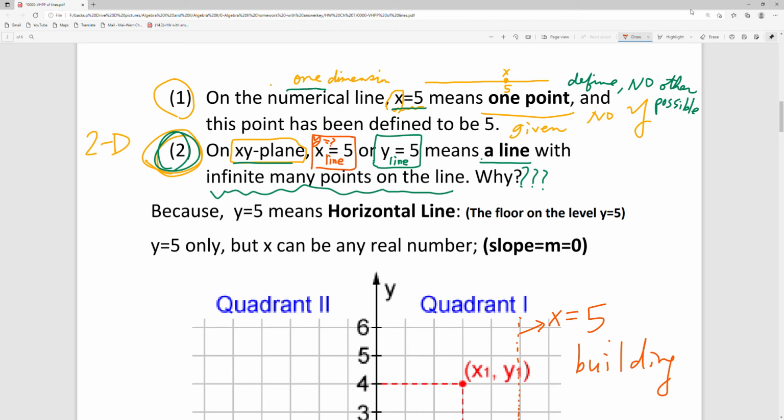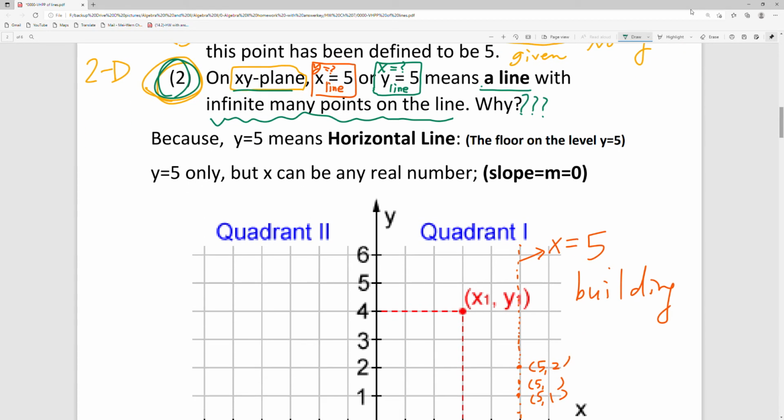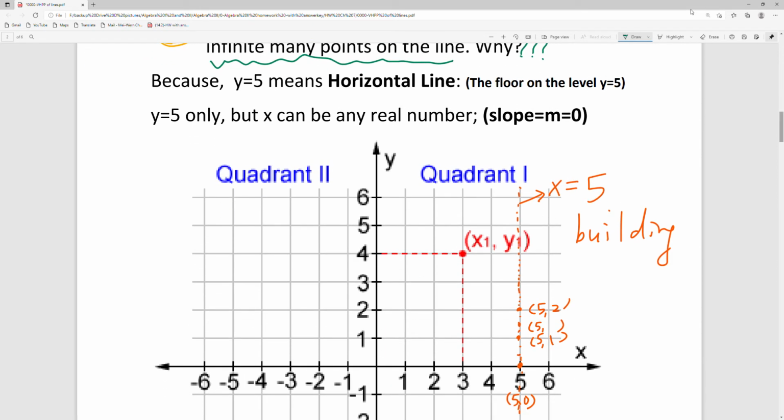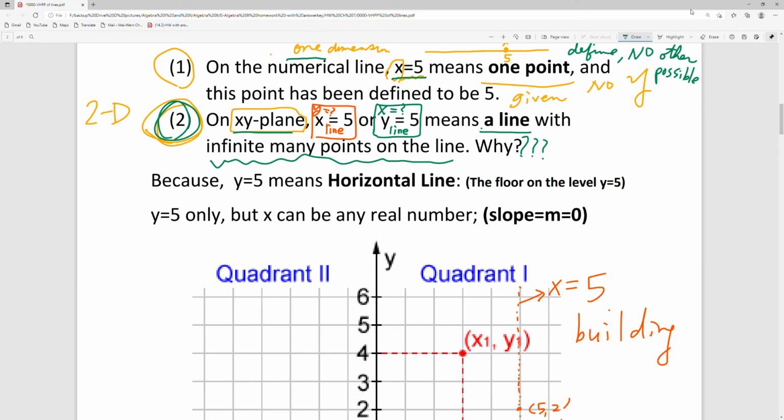Now, when you talk about y equals 5, it means y needs to be 5, no other choice. But how about x? It means x can be any number, not restricted by the given. So this one, y equals 5, is here. y needs to be 5, and x can be 1, x can be 0, x can be -2, but y needs to be always 5.